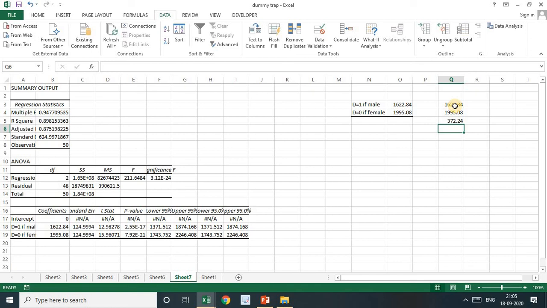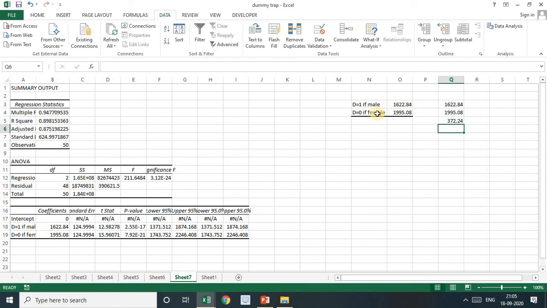So in this problem, females are getting more wages than the males. So here beta 0 and beta 1 both will give you the average wage for the category in which 1 and 0 are assigned.